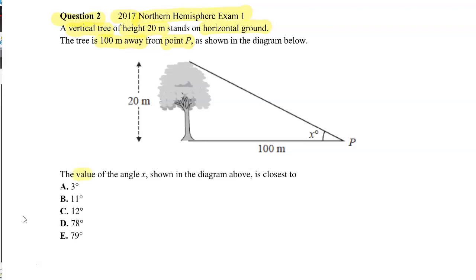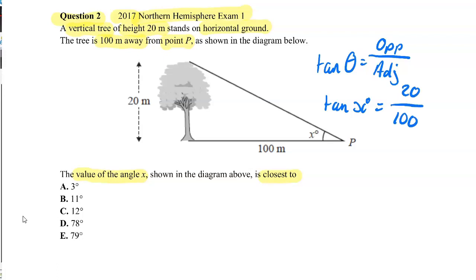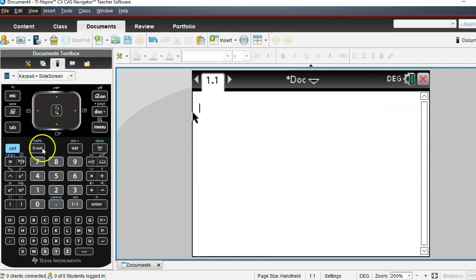The value of angle X shown in the diagram above is closest to... So we have opposite and adjacent, so that means tan of the angle equals opposite over adjacent. So tan x degrees equals 20 over 100. So I'll get my calculator.